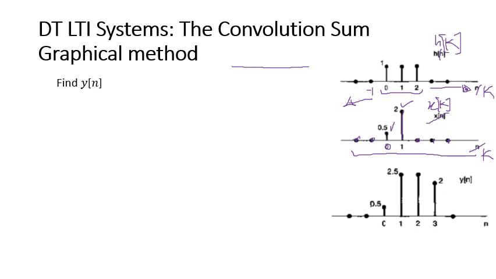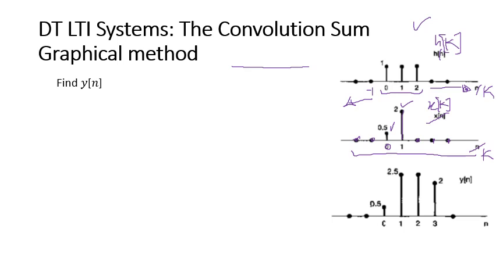In the second step, you reflect any one of these signals. So I reflect the signal h of k. You can also reflect x of k to obtain x of minus k or h of minus k. You understand how we achieve this operation of reflection, since you've already done it while doing operations on the independent variable.